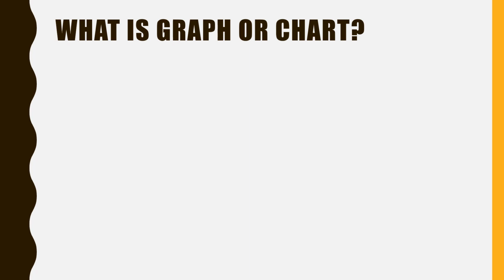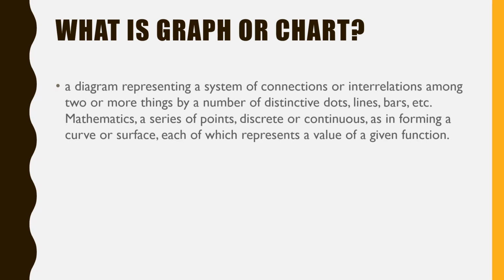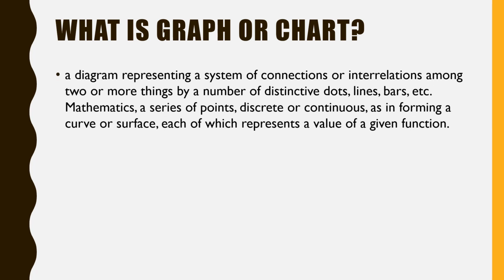At first, we have to know what a graph or chart is. A graph is a diagram representing a system of connections or interrelations among two or more things by a number of distinctive dots, lines, bars, etc. In mathematics, a series of points, discrete or continuous, as in forming a curve or surface, each of which represents a value of a given function.